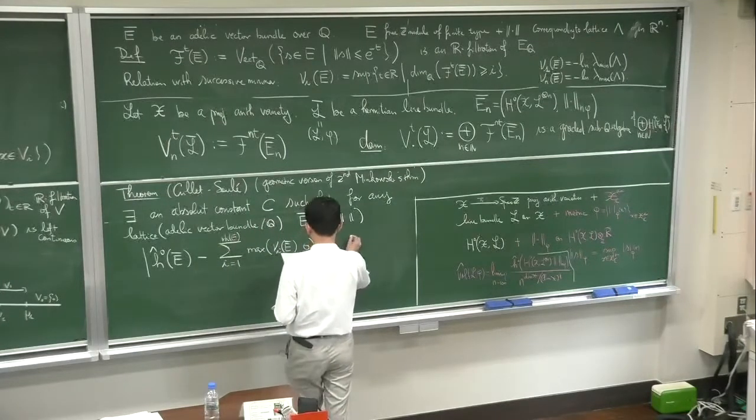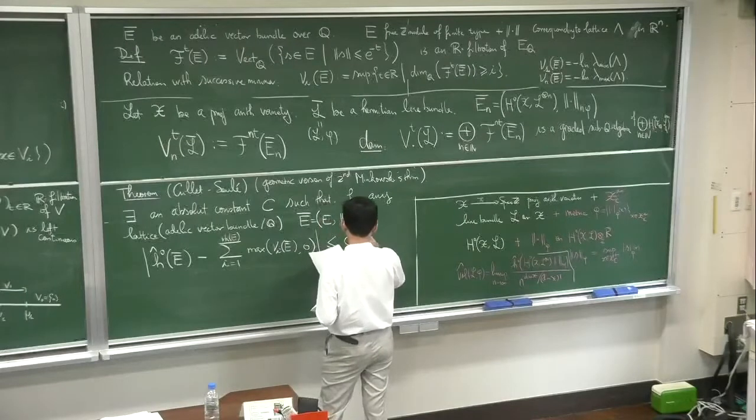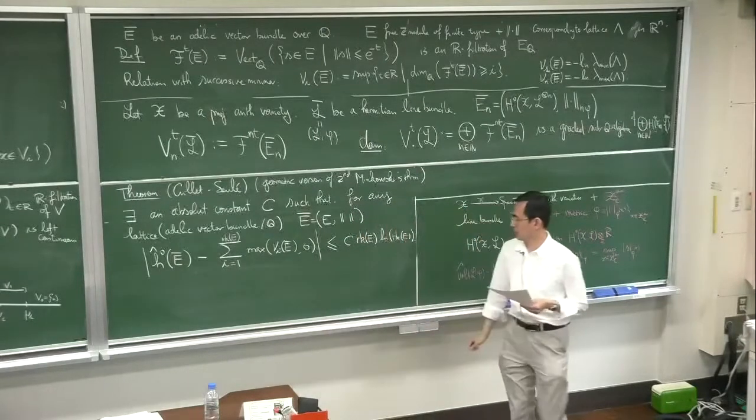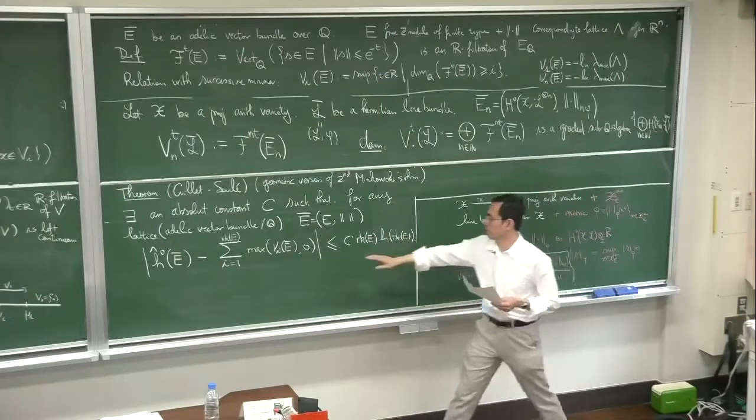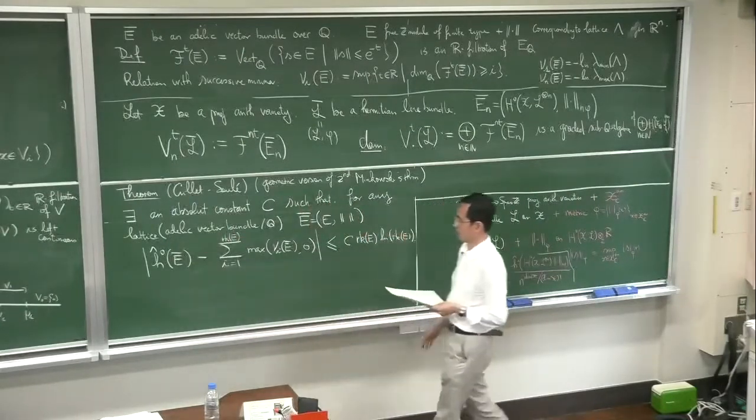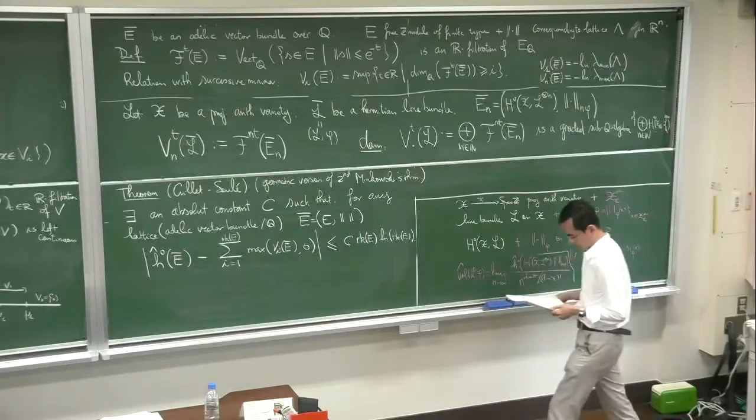This one is controlled by C times rank E times log of rank E. So this is not that far away from such H0 hat of E.